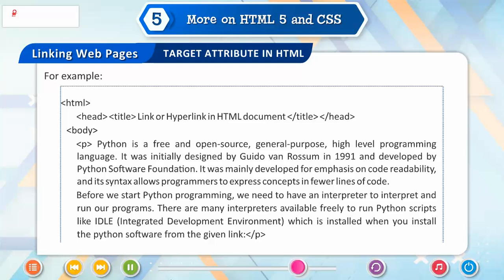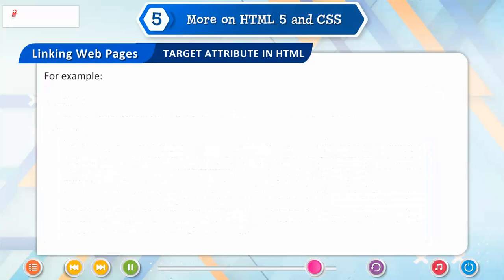It was mainly developed for emphasis on code readability, and its syntax allows programmers to express concepts in fewer lines of code. Before we start Python programming, we need to have an interpreter to interpret and run our programs. There are many interpreters available freely to run Python scripts like IDLE, Integrated Development Environment, which is installed when you install the Python software from the given link, close paragraph tag.